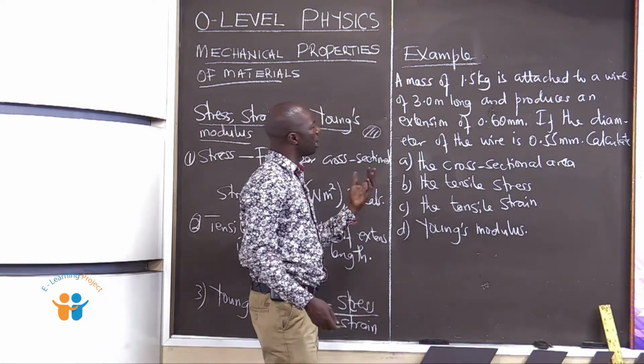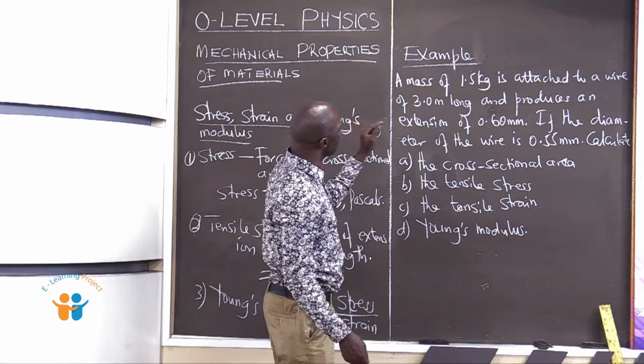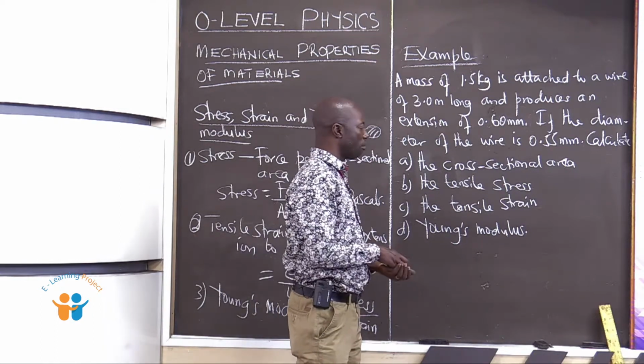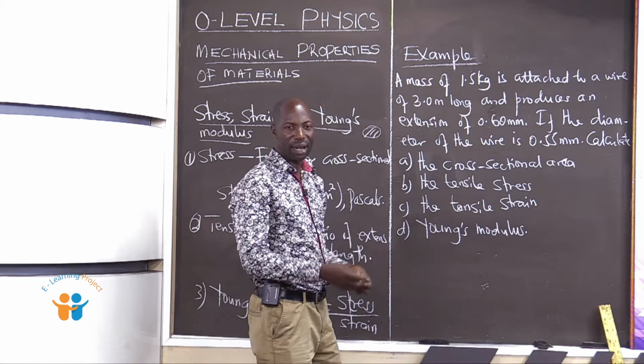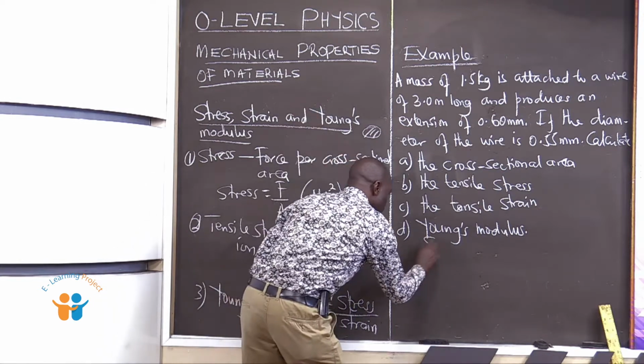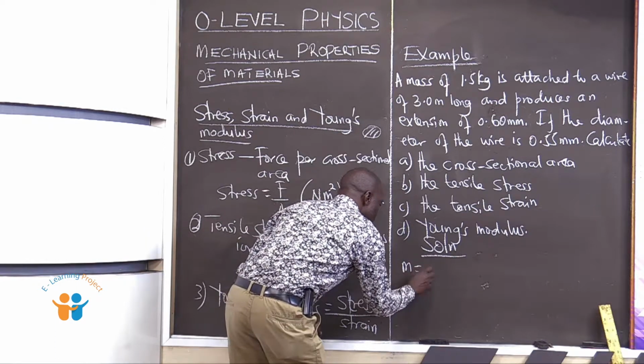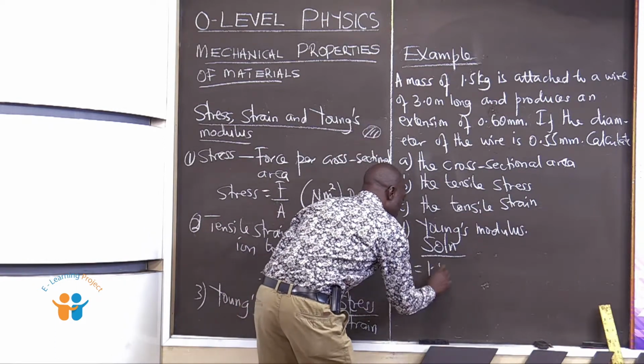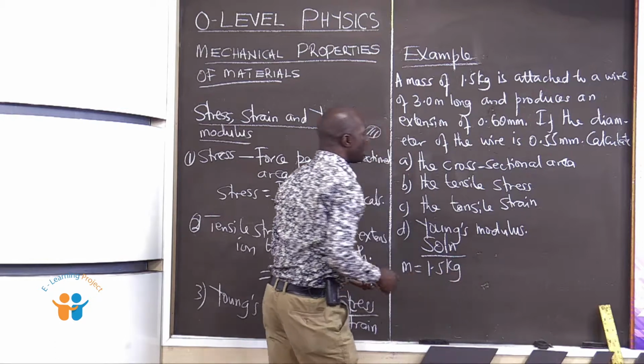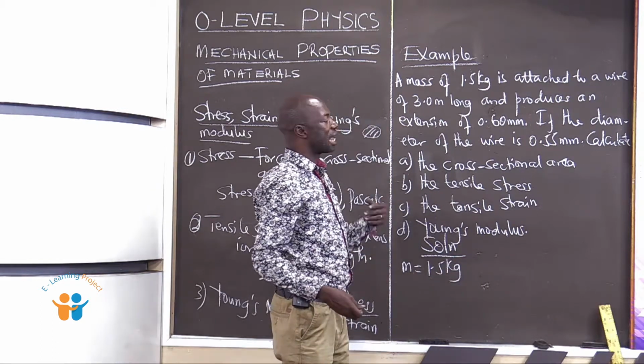Now, this one is saying a mass of 1.5 kilograms. Remember, in our solution, we can be summarizing what we have. Solution to the question. The mass is 1.5 kilograms. Here, we shall try to use the SI units.